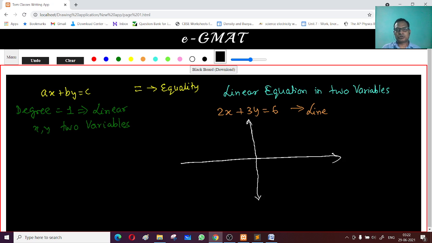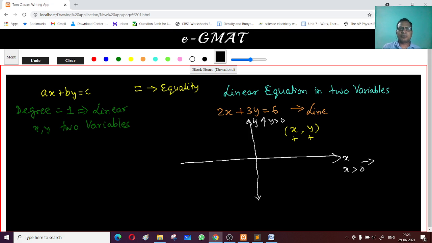I have got two axes, y and x. On this side x is greater than 0, and on the upside y is greater than 0. So in the first quadrant, x is positive and y is also positive. If you plot any point x comma y over here, you see that this is positive and this is positive.